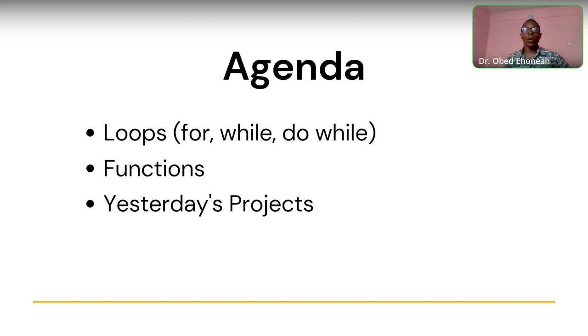We want the alarm clock to keep ringing until the user presses the snooze button. That is a loop. That is the practicality of loops as a concept in programming.